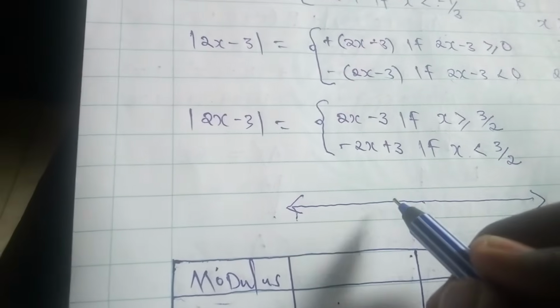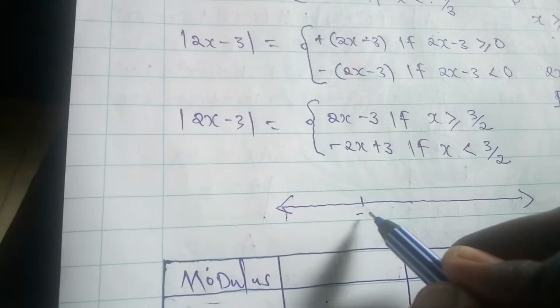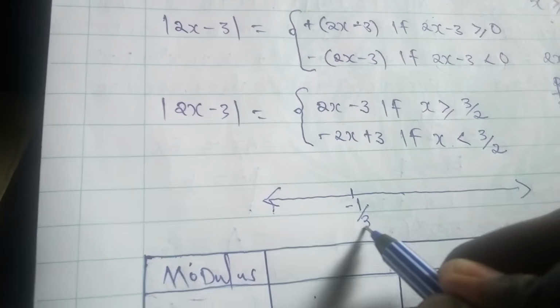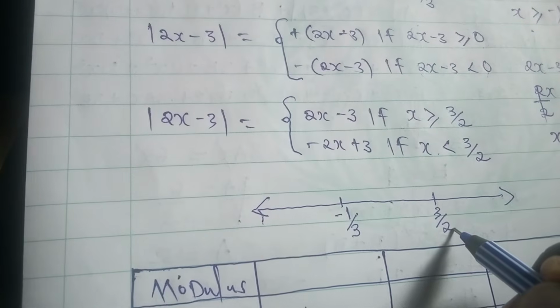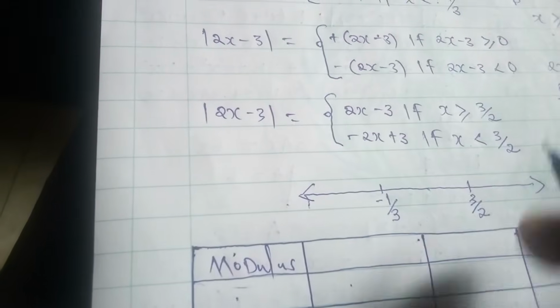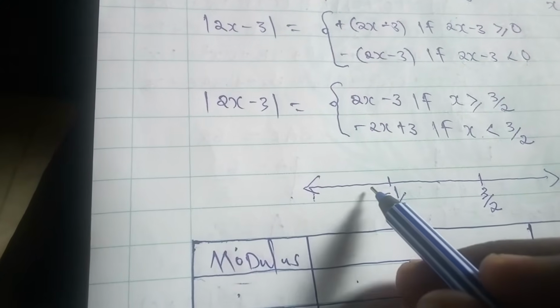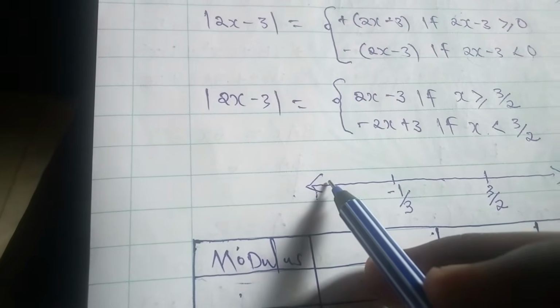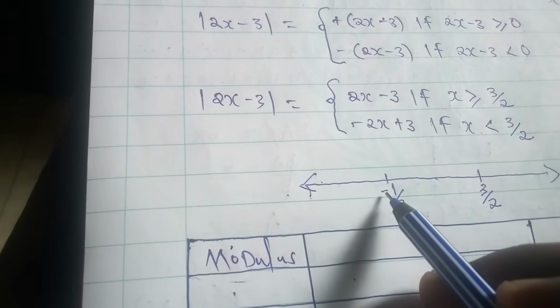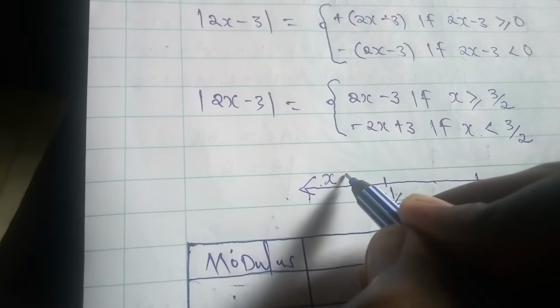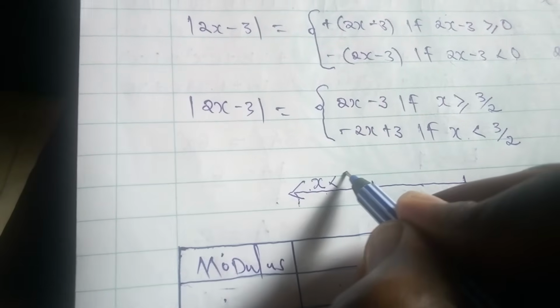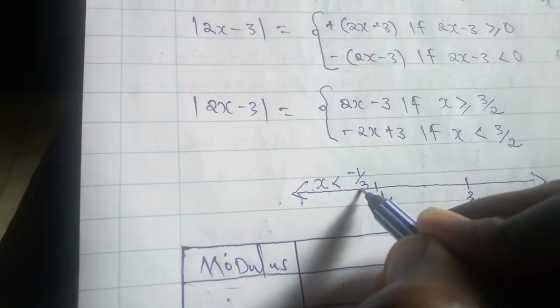So you're going to indicate there negative 1 over 3, and there 3 over 2. Now you're going to write that any values appearing on this side are less than negative 1 over 3. So x is less than negative 1 over 3.